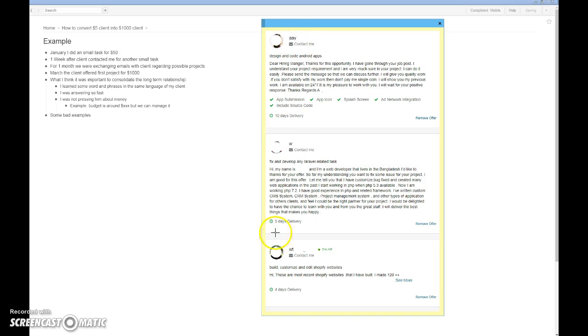Of course, I deleted the names and pictures of these freelancers. But for example, the first offer that I received, remember that the project was connected with BTiger. BTiger is a very complex system, a PHP system, CRM, and so on. So the first freelancer told me, "Dear hiring manager," and he even wrote manager wrong, "thanks for this opportunity."